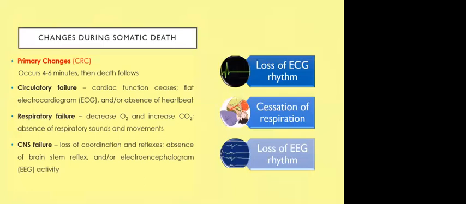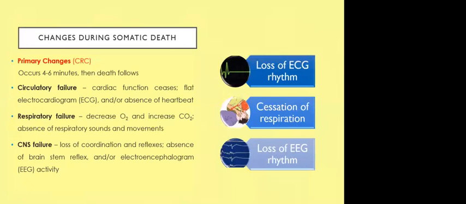Okay, the next one is respiratory failure. For this one, this can lead to death due to absence of oxygen and increased level or accumulation of carbon dioxide. So with the absence of this oxidative process of the respiratory system, that one can lead to death.